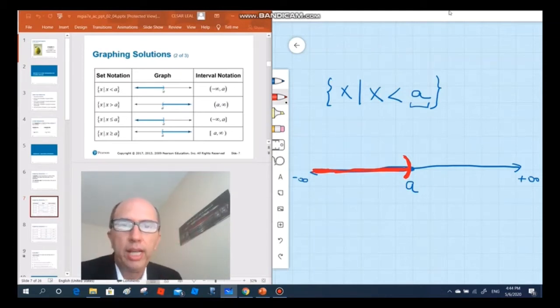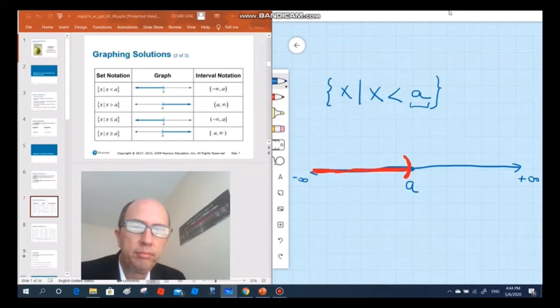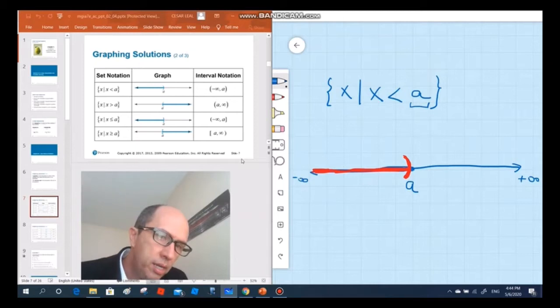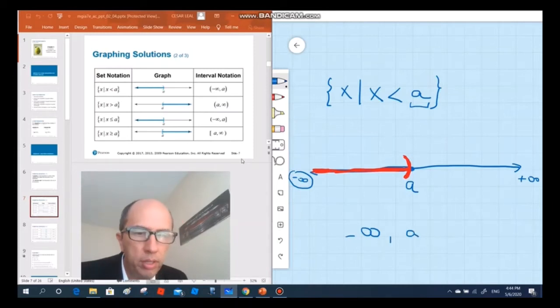And interval notation. Interval notation is this representation here, where the solution goes from negative infinity to a. And then we need to say if the infinity, negative infinity or positive infinity, you're always going to use the parentheses. That means you never actually reach infinity. So you're always going to use the parentheses.